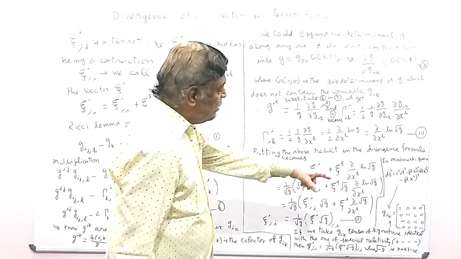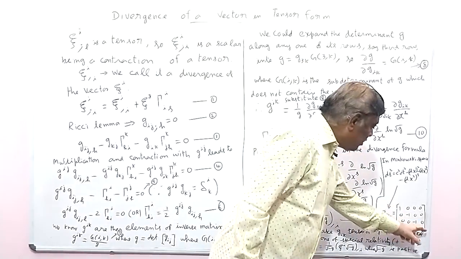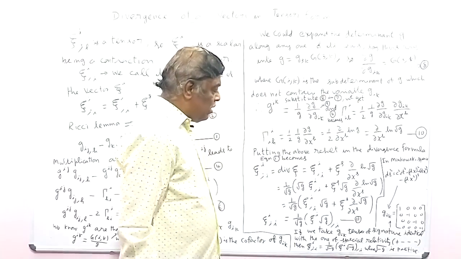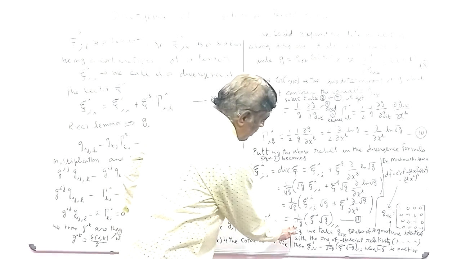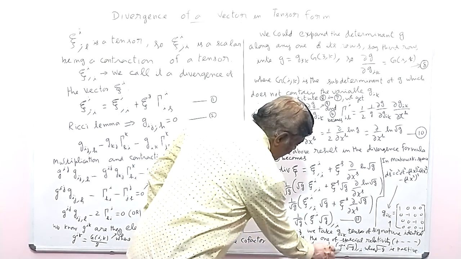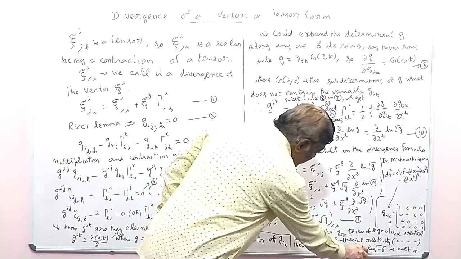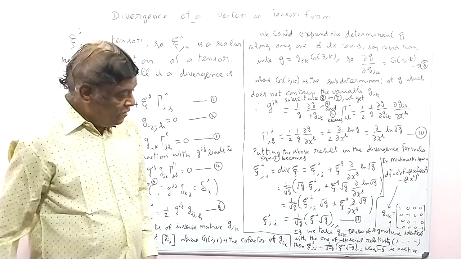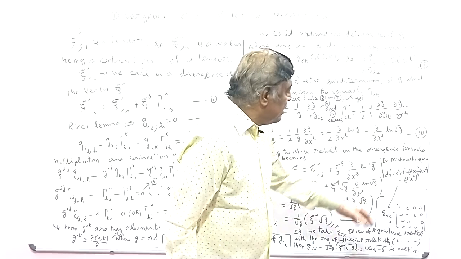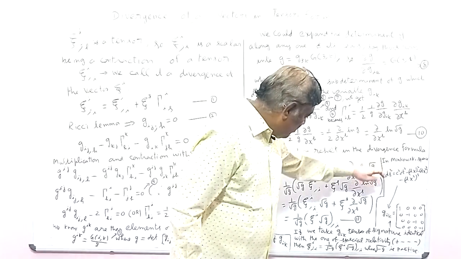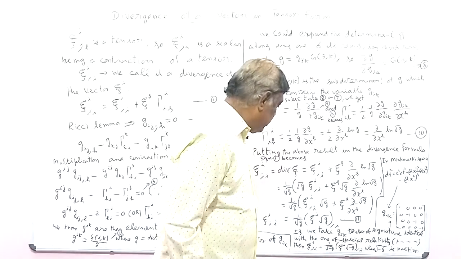So if you take the determinant, it will be the product of all these values. This is a minus value. Therefore, in such a space, you have to replace root g by root of minus g, psi i root of minus g comma i, where root of minus g is positive. So if you are discussing problems in the relativistic space, you have to use this expression.